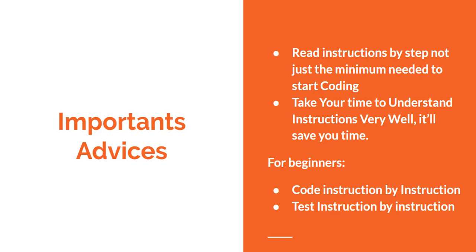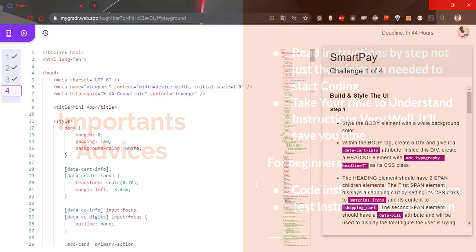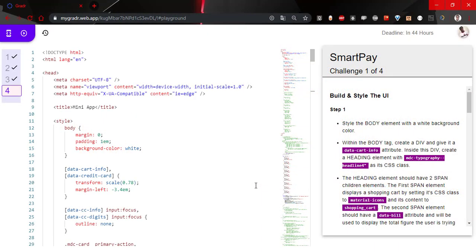That is not really useful. So I really encourage you to always read all the instructions about one step, then start to code. In order to not make this video very long, I will not read all the instructions here. I will suppose that you already did that.